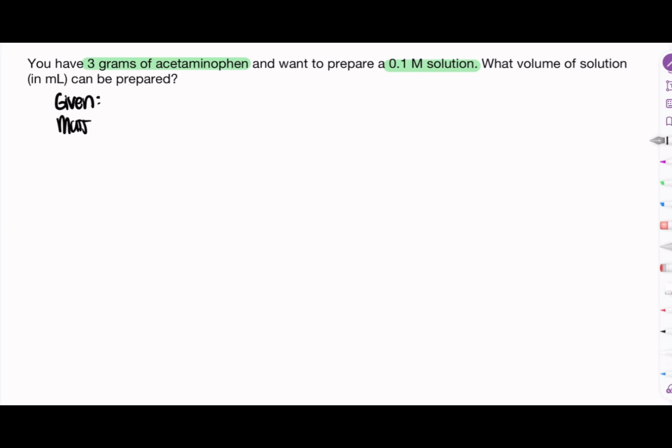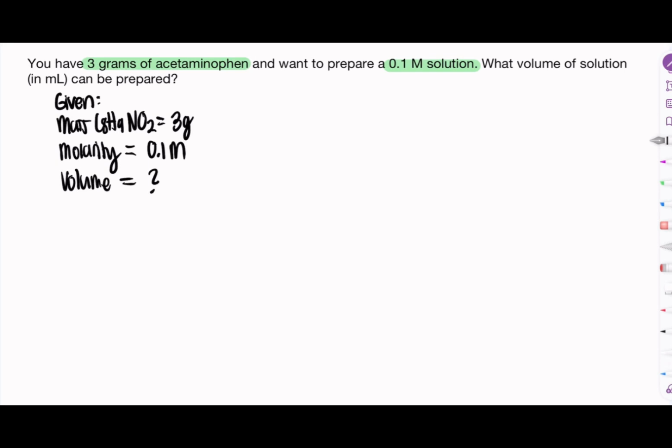Acetaminophen's chemical formula is C8H9NO2, which is equal to 3 grams, and then the volume, which is equal to, my mistake. I'm supposed to write down the molarity is equal to 0.1 molar, and our volume is unknown.